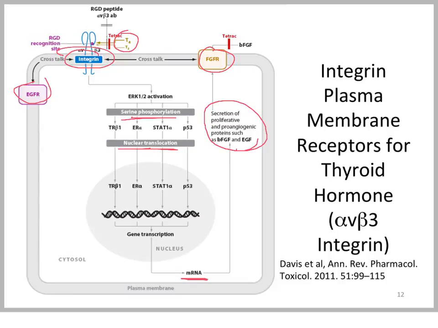Well, this particular pathway has been explored recently to be blocked by a metabolite of thyroid hormone called tetrac, which is a deaminated T4 version, and that tetrac can reduce this integrin type of action of thyroid hormone, and therefore it's been explored as an adjunct to reducing the angiogenesis that occurs in cancer, for example. And so this is a very exciting new area in action of thyroid hormone.